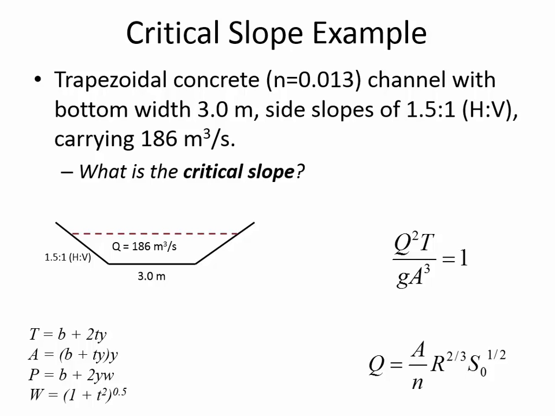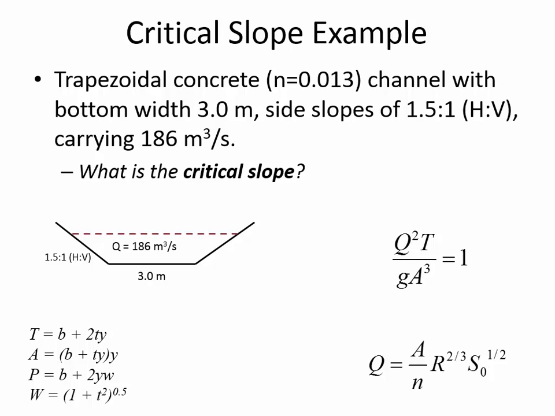So it's going to be 3 plus 2 times 1.5, which is the side slope factor, times y, divided by g, which is 9.81, times 3 plus 1.5 y times y, and all of that is going to be cubed, is equal to 1.